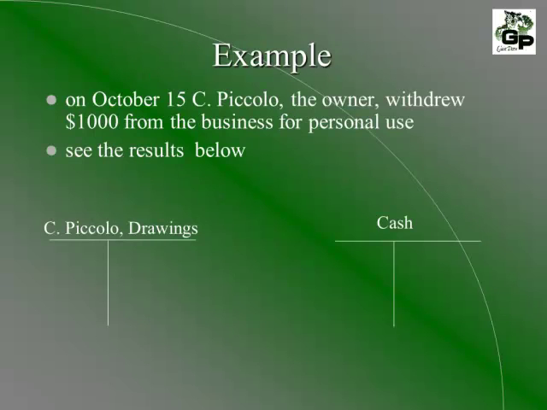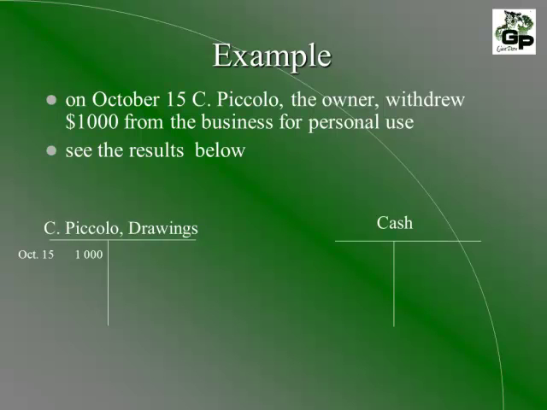Here's a specific example. On October the 15th, C. Piccolo, the owner, withdrew $1,000 from the business for personal use. So how do we enter this transaction in the T accounts? We go to the drawings account, and because we treat it like an expense, there's $1,000 that has been removed from the business.